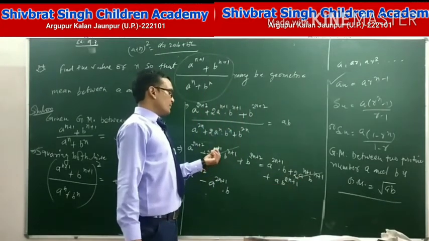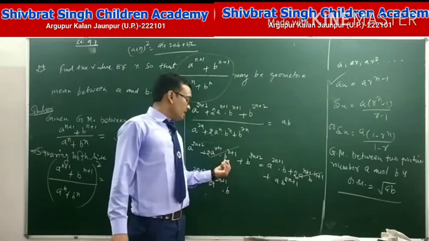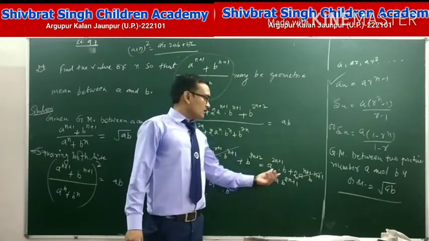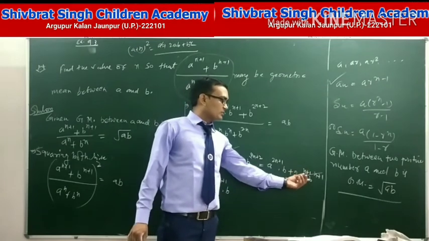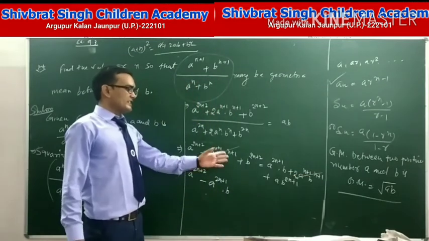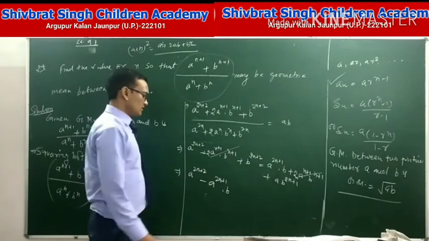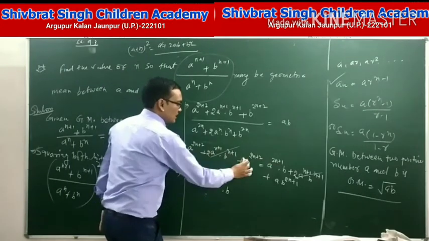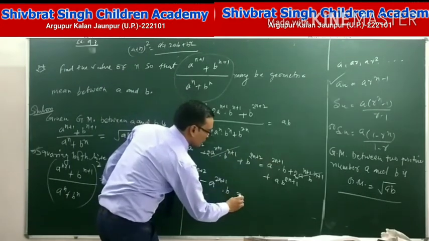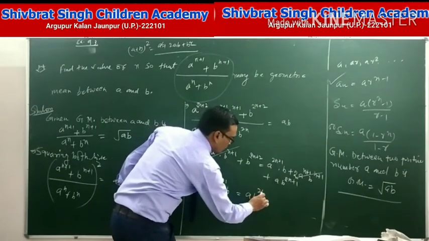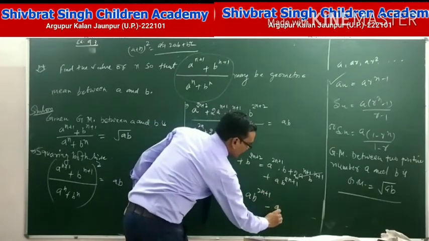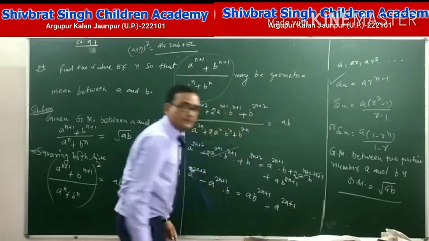Here 2 a to the power n plus 1 b to the power n plus 1 is equal to 2 a to the power n plus 1 b to the power n plus 1, both are same, so both are cancelled. And b side change, this equals a b to the power 2n plus 1 minus b to the power 2n plus 2.